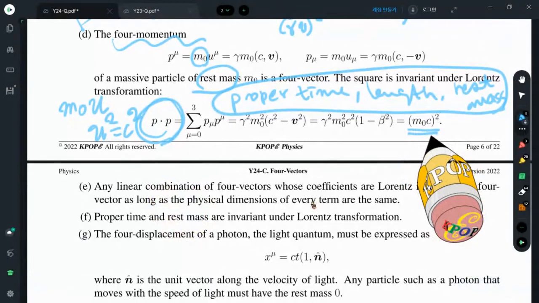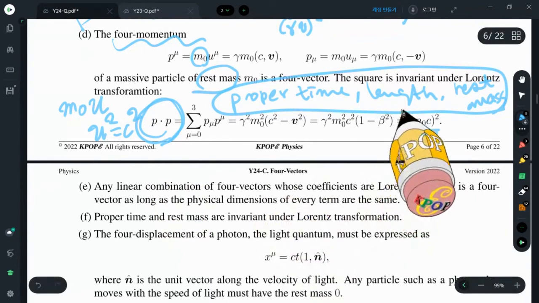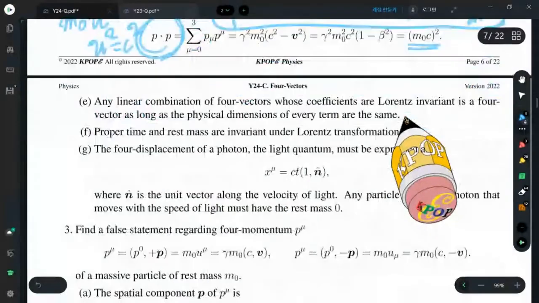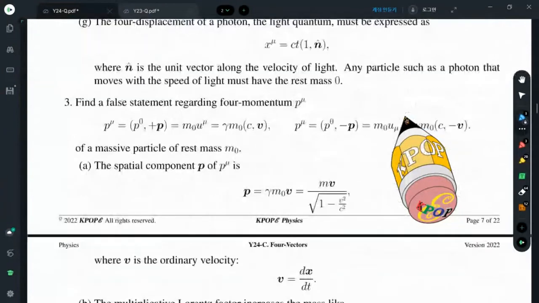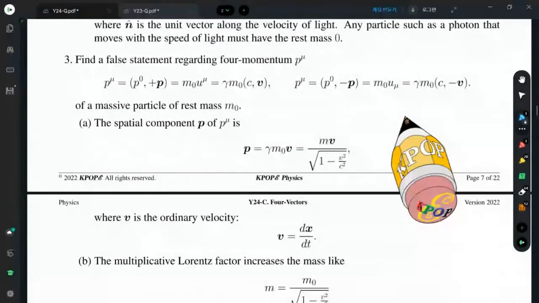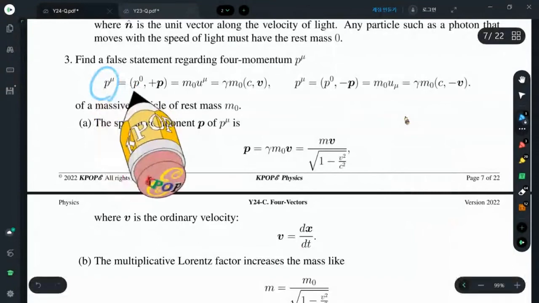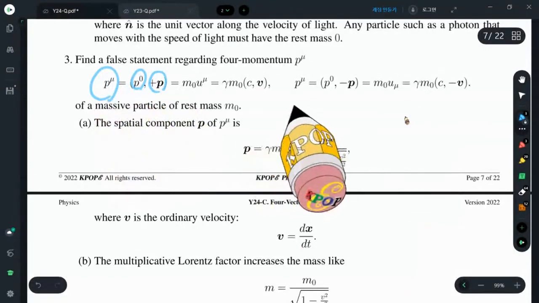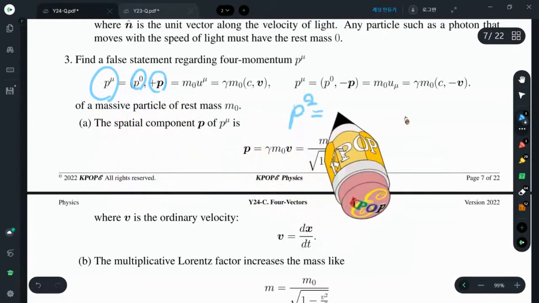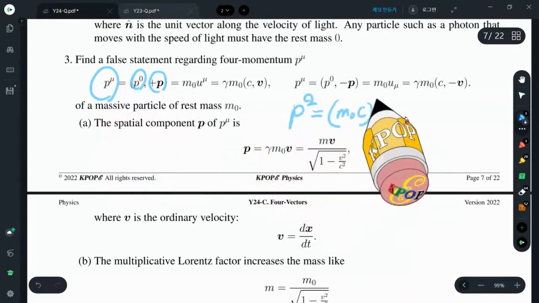That is an invariant quantity under the Lorentz transformation. Now, 4-momentum can be written in this form, and we know p squared is m0 c squared.